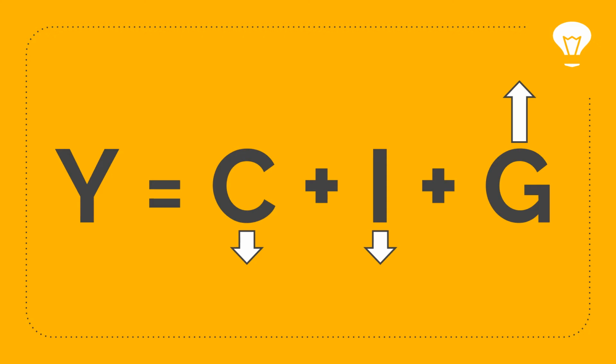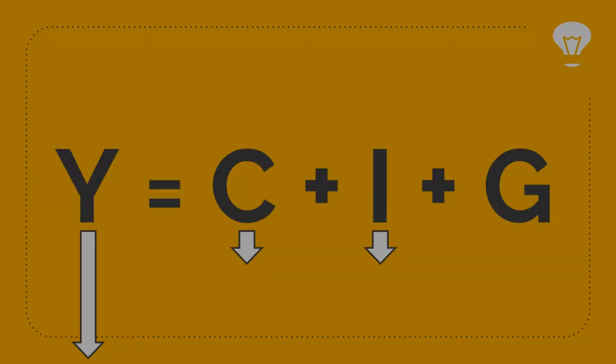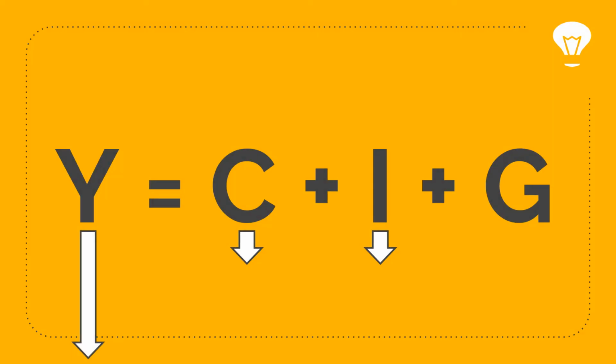We can also do this with a tax cut. We can move towards a deficit with a tax cut. If government spending stays the same, but now we have less revenue, we have a deficit. What that could look like is we're in a recession. Consumption and investment are low, and so our aggregate demand and hence our output are low. But we move towards a deficit with a tax cut.